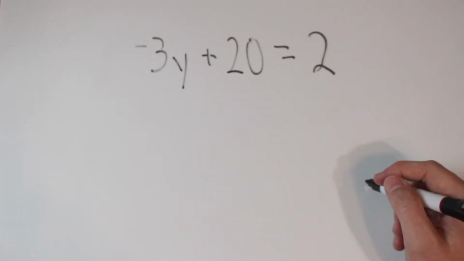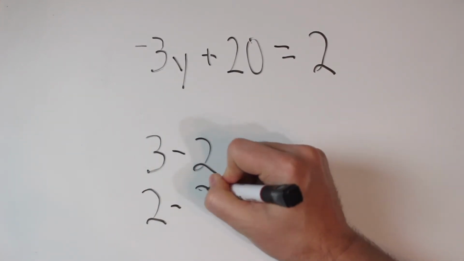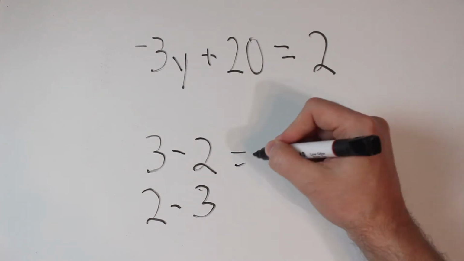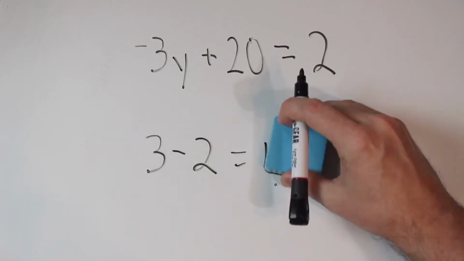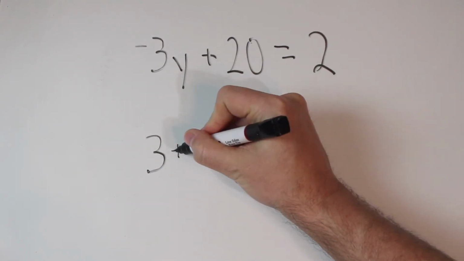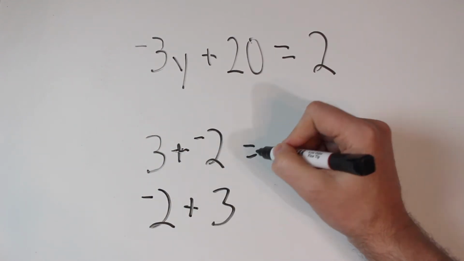You can't switch around the numbers while the operation is subtraction. 3 minus 2 is not the same thing as 2 minus 3. Very different. But if you change the 3 minus 2 to 3 plus negative 2, then when the numbers switch sides, it still works.